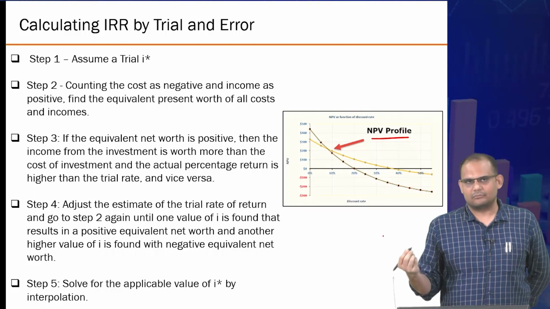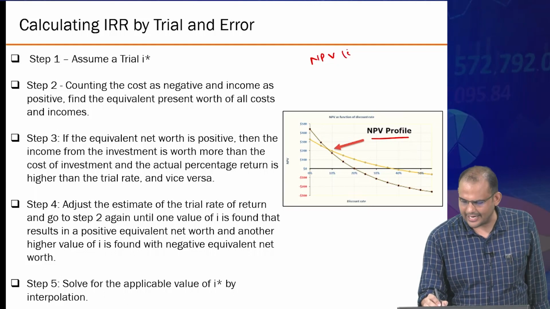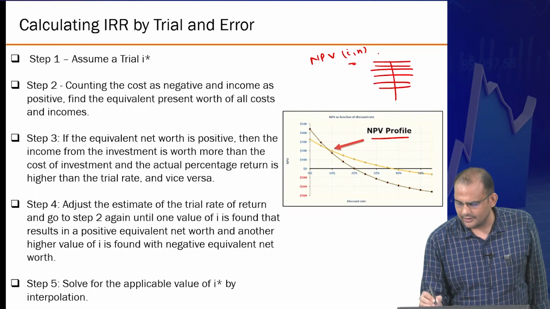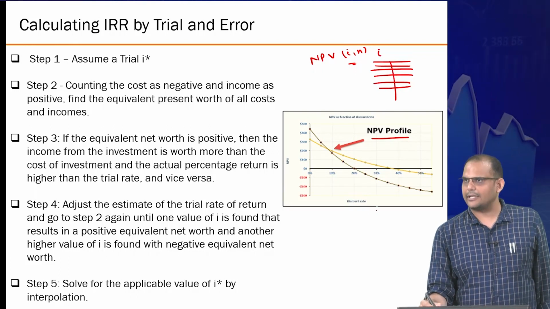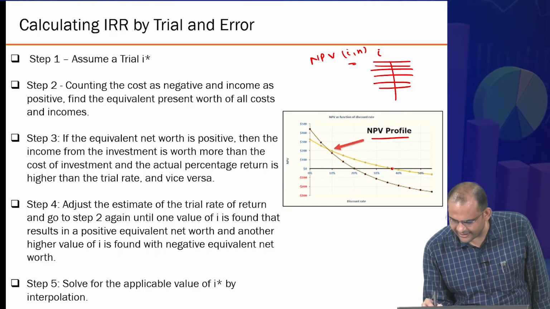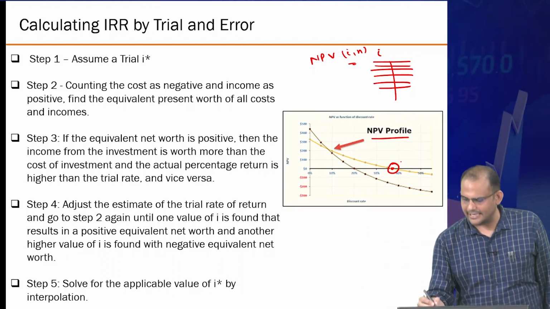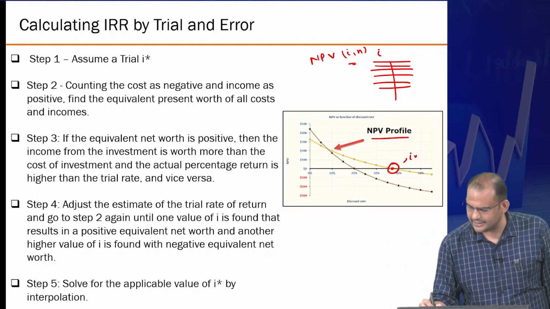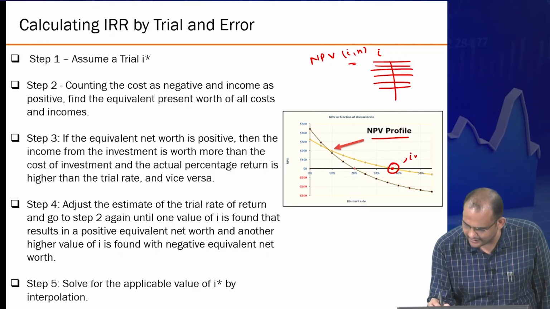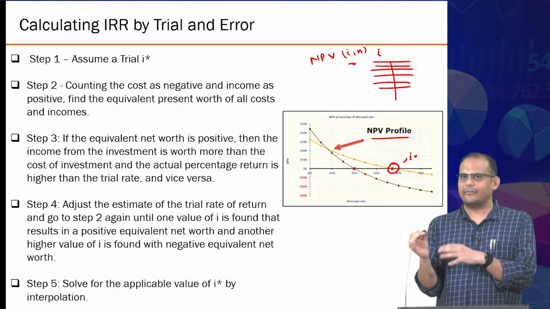One easy way to do it is, in Excel you put NPV as a function of I and N, and then across different cells, for each value of I, you calculate the NPV values and plot that. Wherever the graph crosses the axis, that's your IRR, because this is where NPV becomes 0. Similarly, for this particular investment, the IRR value is somewhere here. That's called a graphical way to estimate IRR.